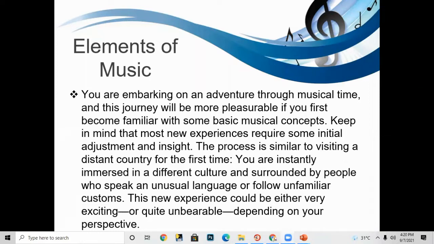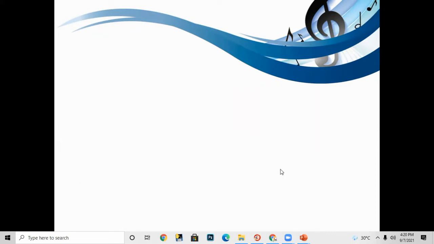So you should be familiarized. And keep in mind that most new experiences require some initial adjustment and insights. And the process is similar to visiting a distant country for the first time, and you are instantly immersed in different cultures and surrounded by people who speak an unusual language or follow unfamiliar customs. These new experiences could be either very exciting or quite unbearable depending on the perception.